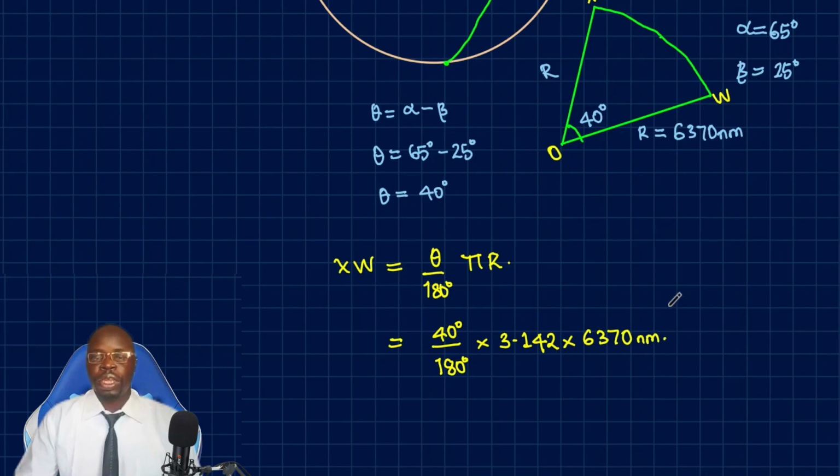So we also get our calculator and work out together, where we had 40 divided by 180. We have to multiply it by the value of pi, that is 3.142. We also multiply it by the radius of the Earth, that is 6,370, and this gives us 4,447.67.